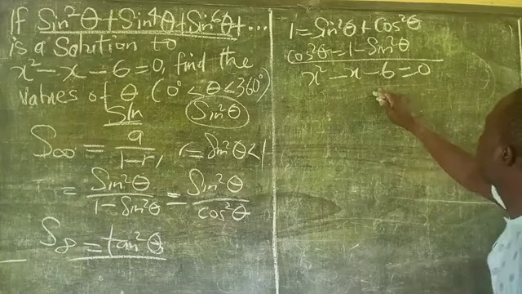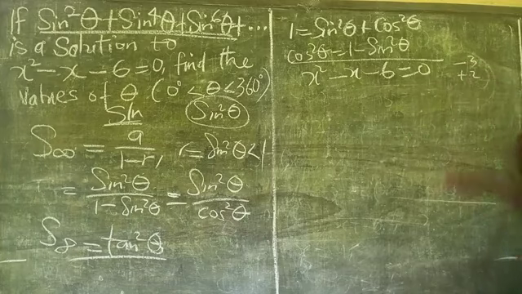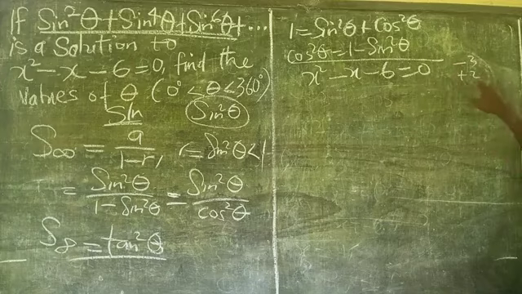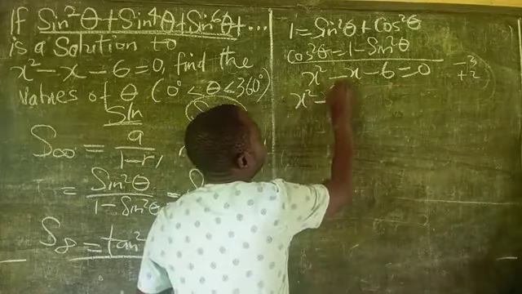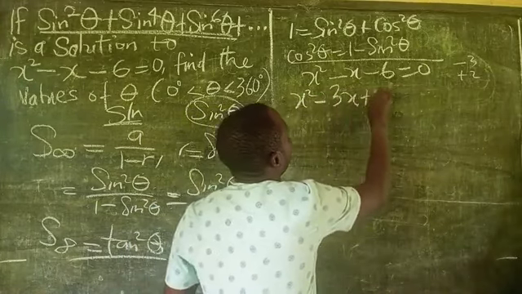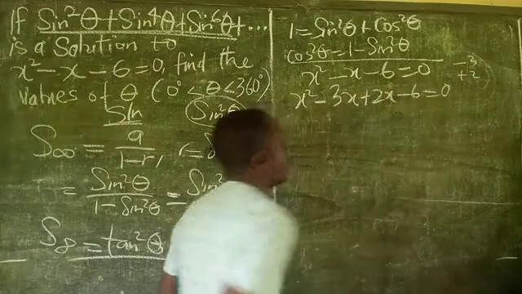The factors here will be minus 3 and plus 2. Minus 3 times plus 2 gives minus 6, and minus 3 plus 2 gives minus 1. So we place our factors there: s squared minus 3s plus 2s minus 6 equals 0.